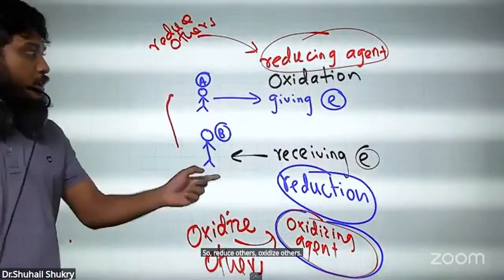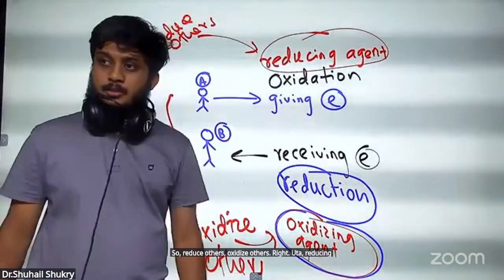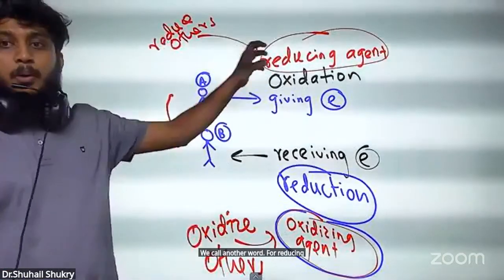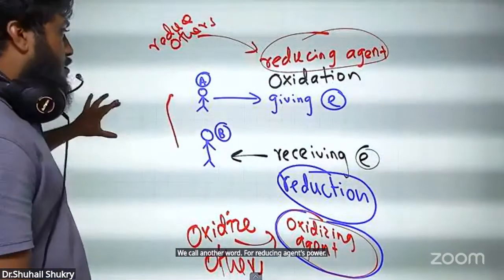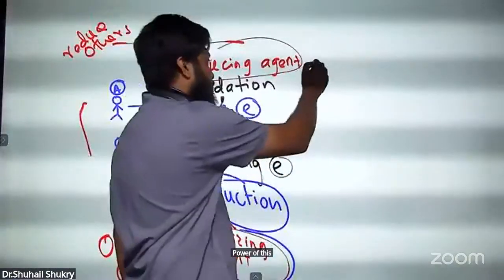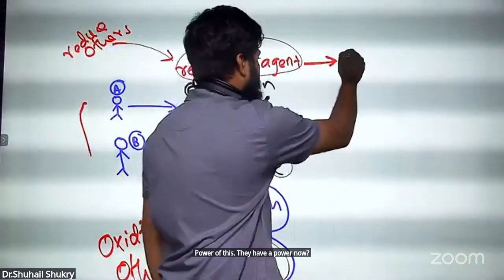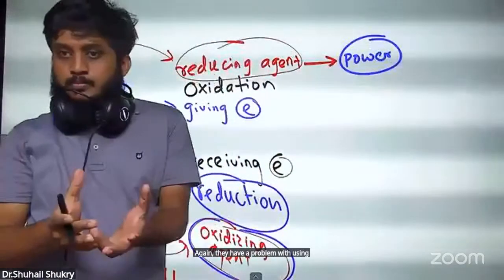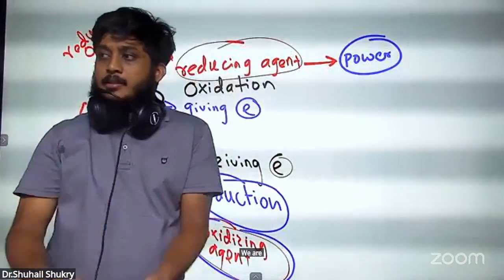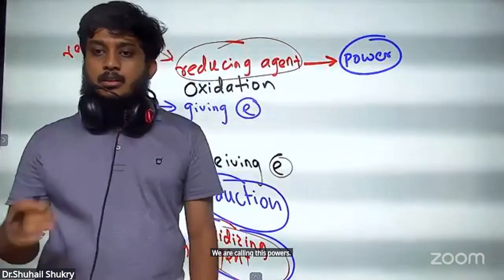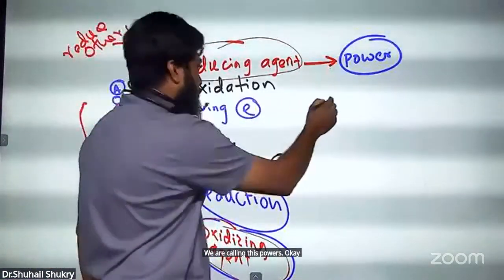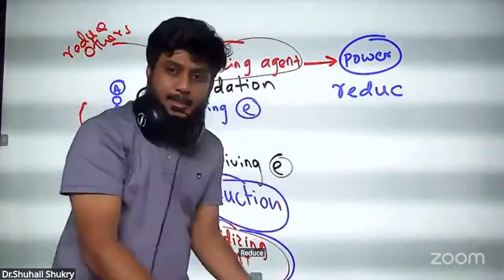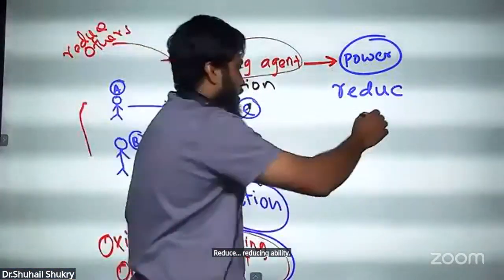For the reducing agent, we use another word. The reducing agent has a power, right? We call this power reducibility, the reducing ability.